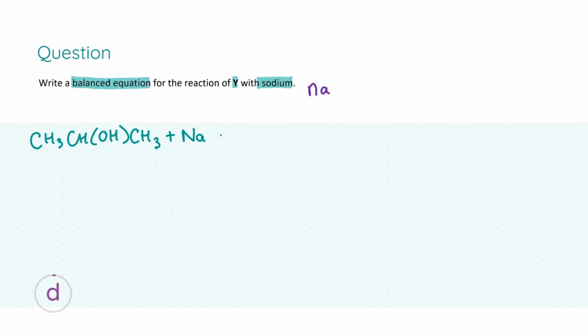We should know that the Na is going to replace this hydrogen here, because it's going to attach to the oxygen. So we're left with CH3, CH, O, Na, CH3. If you've done this experiment in school, I don't think it's a mandatory one, but hopefully you should have done it.